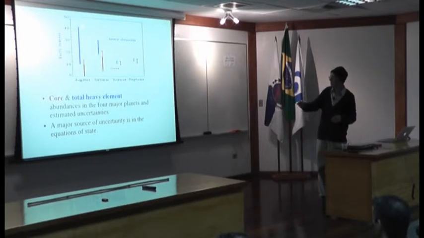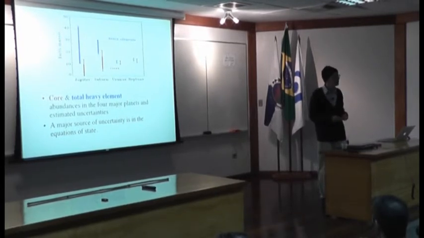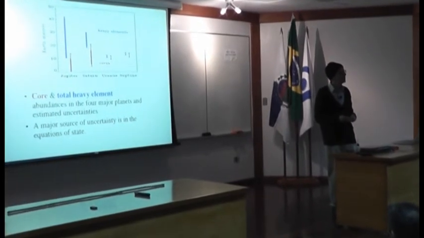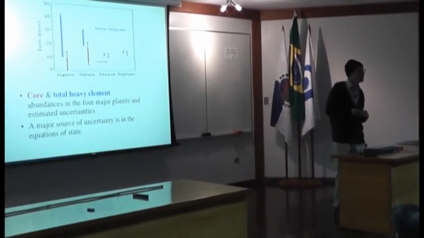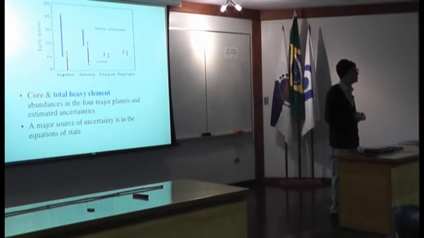Jupiter, even higher uncertainties. And the reason for this is Jupiter is roughly 90% hydrogen, helium, and small uncertainties in the equation of state at megabar pressures, which are not accessible in the lab.